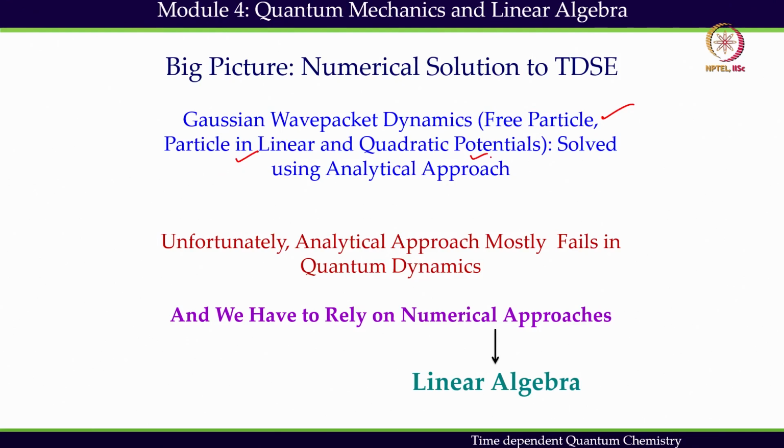So for many aspects of Gaussian wave packet dynamics, one can use an analytical approach to solve the problem. But for any arbitrary potential, this analytical approach will fail, and we have to rely on numerical approaches.